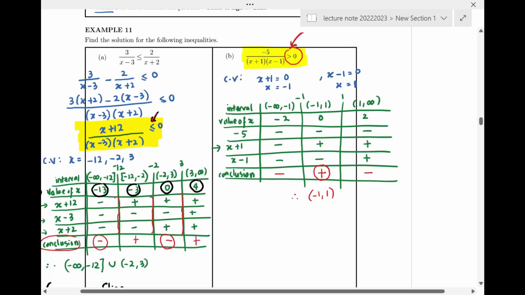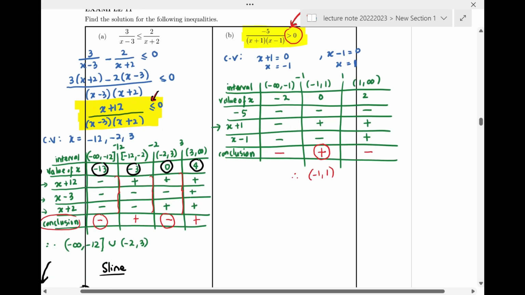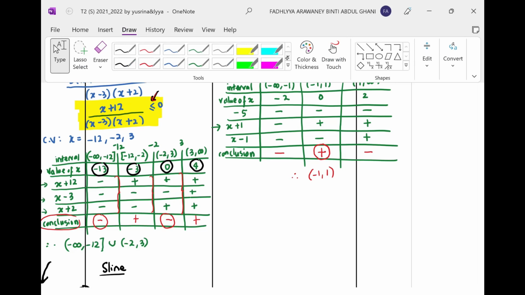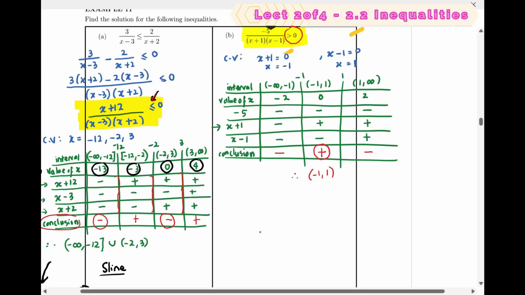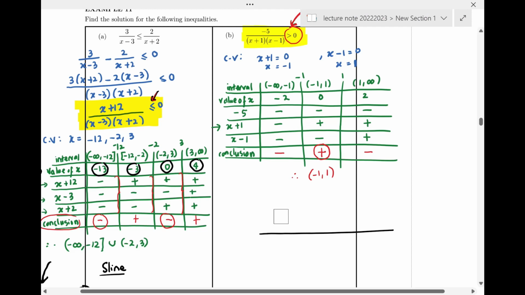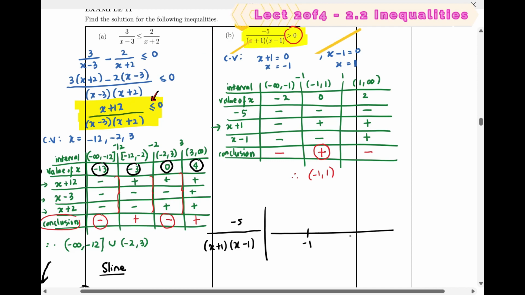Now using sline, let's go to sline. We have our number line on the right side, and our expression on the left side: x plus 1, x minus 1. We have only two critical values, which are negative 1 and 1.